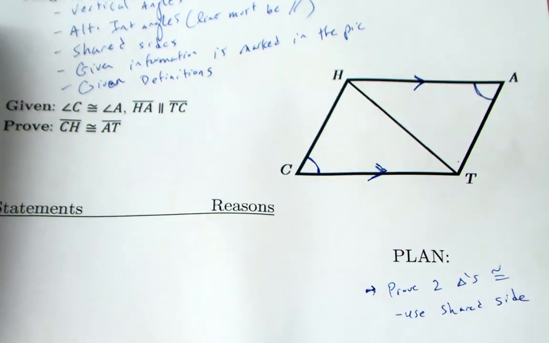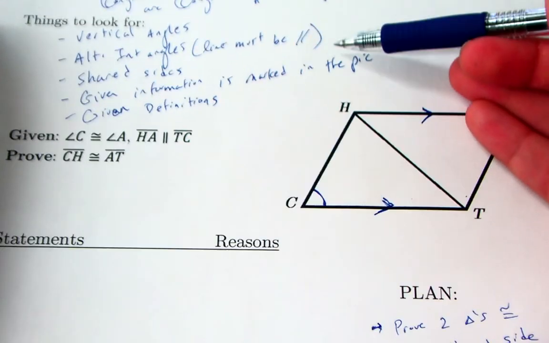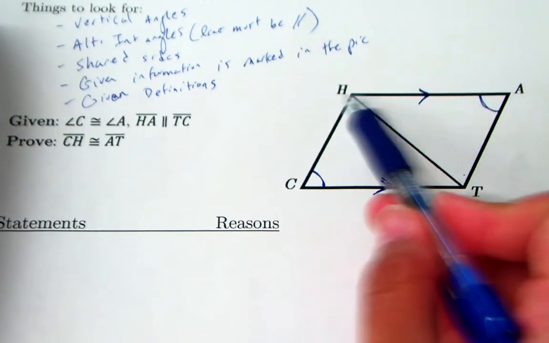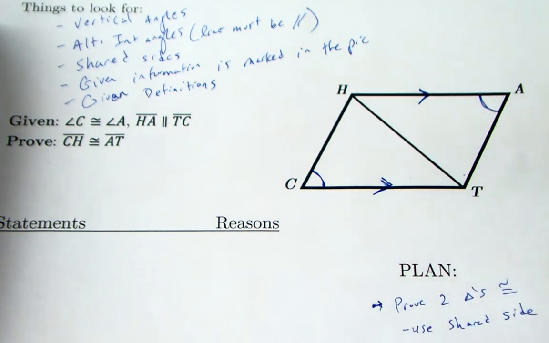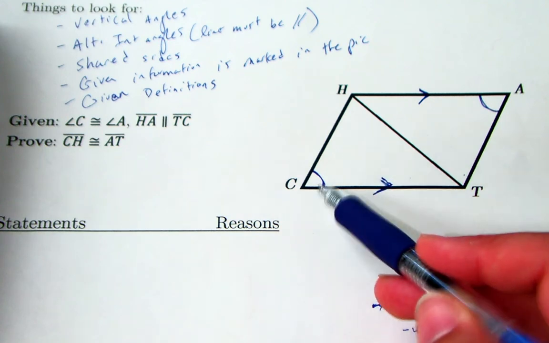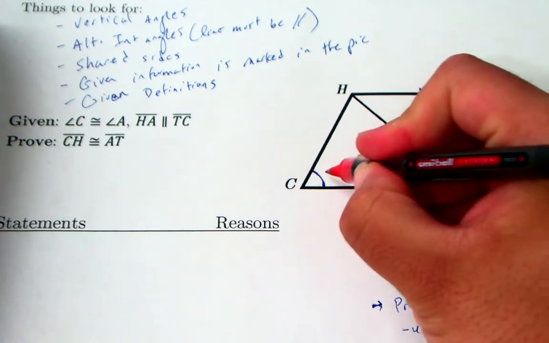That's going to allow us to make a statement. And secondly, one of the other things to keep in mind is alternate interior angles. Well, if we have parallel lines, we've already established that alternate interior angles are congruent. So we're also going to use that fact. So use alternate interior angles. Now if you take a look, we're given one pair of angles, right? So let me go ahead and mark that as a piece of given information, and I'll just label it here as an angle.